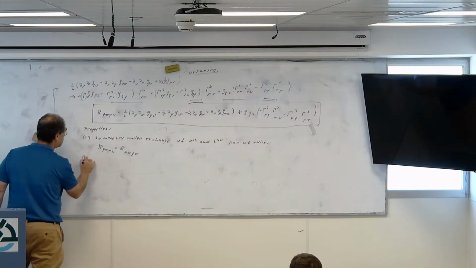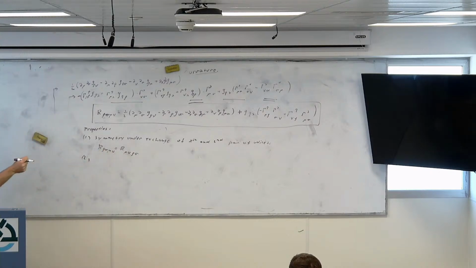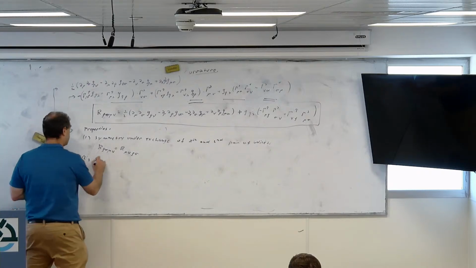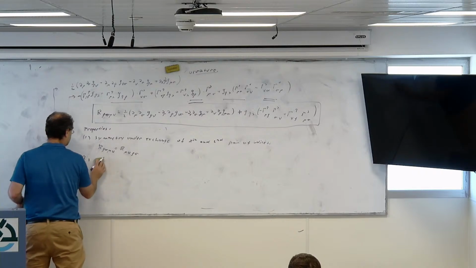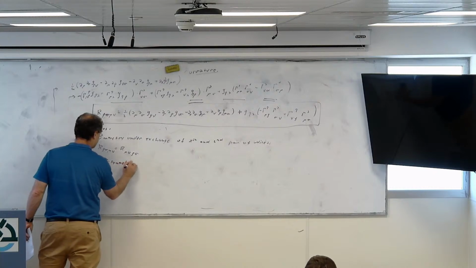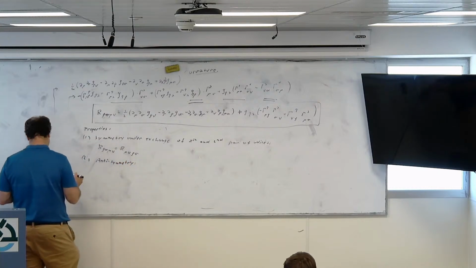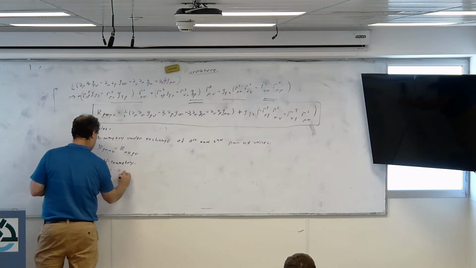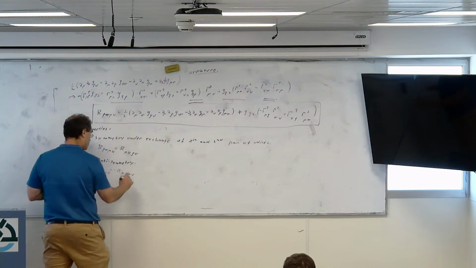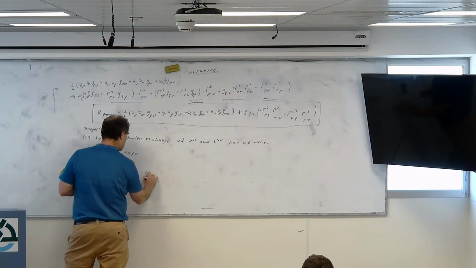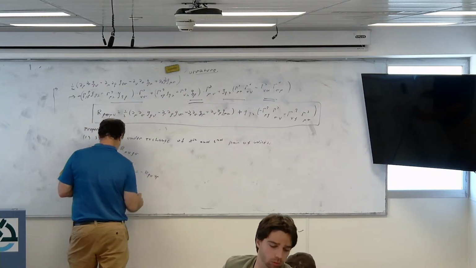Second, what happens if I exchange only a single index? Anti-symmetry. Very good. So R rho sigma mu is minus R sigma rho mu, which is minus R rho sigma mu.